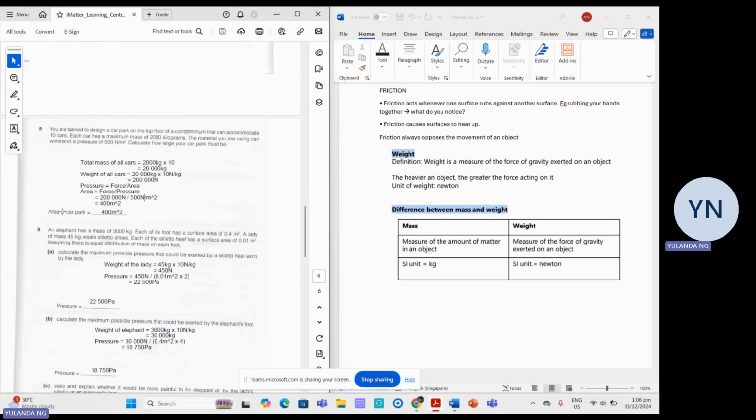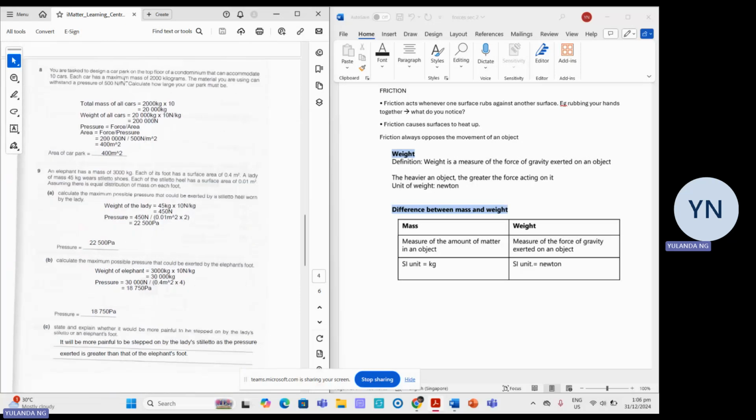So this is the area of the car park. This means m to the power of 2. I can't type it in that format, so I have to use the caret sign, but it's still the same thing. I just want you to express it in meters squared.